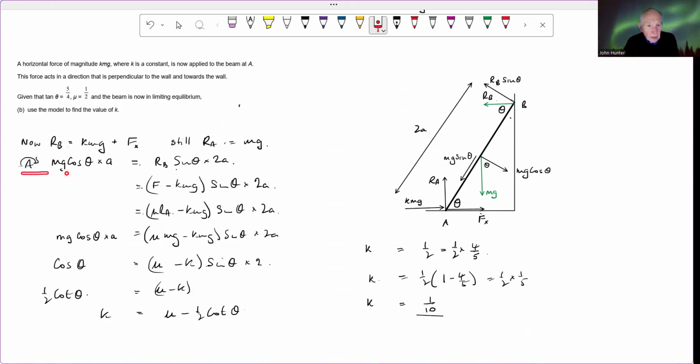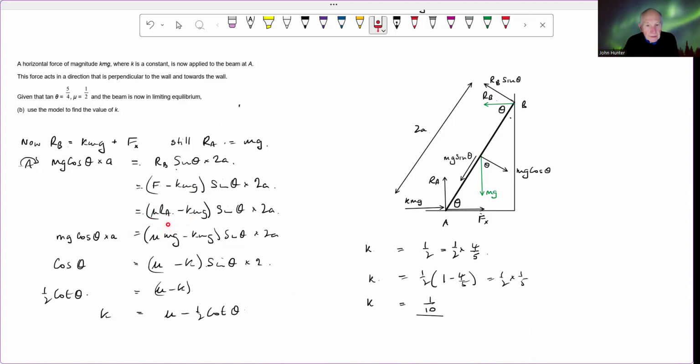So when we take our moments about A, we got something similar, but our RB is now going to be, well, first of all, it's an equality, but RB is going to be this expression here, F minus kmg. That's just a rearrangement of that, basically. Right, okay. And F is going to be equal to mu RA.